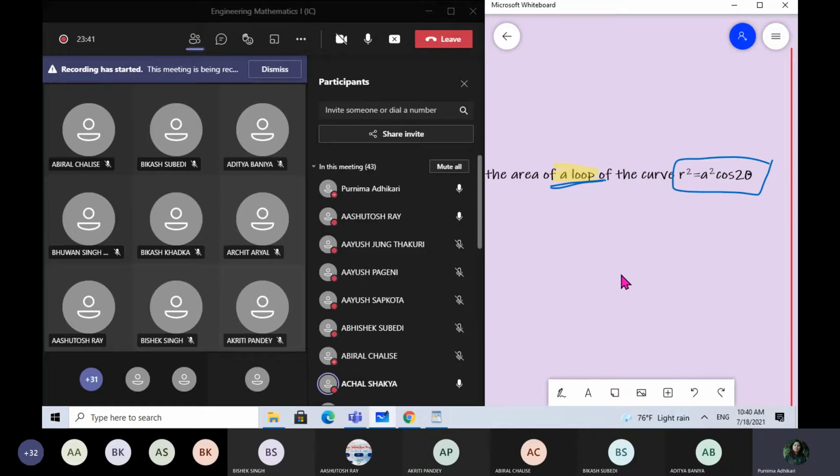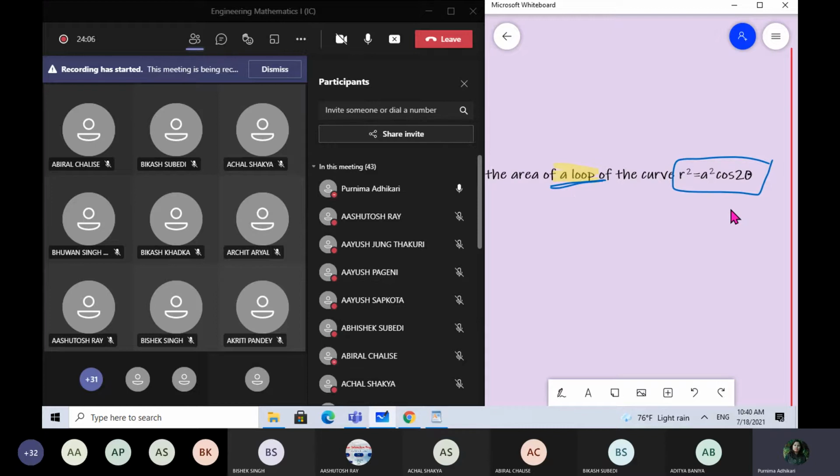Sorry, Achal. I always get confused. Yes, Achal, tell me how many loops you have. 4. Really? Wait. 4 and square 2. Yes, 2 loops. So can you tell me what the limits of integration will be if you are looking for the area of this curve?